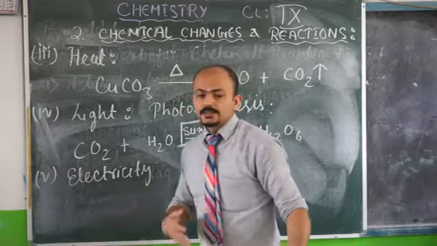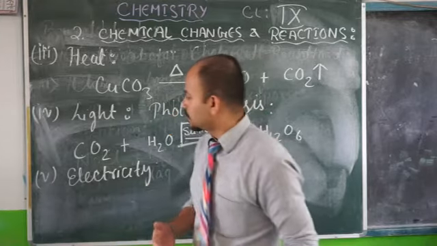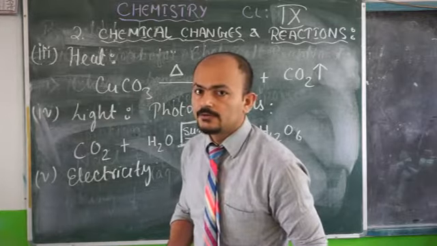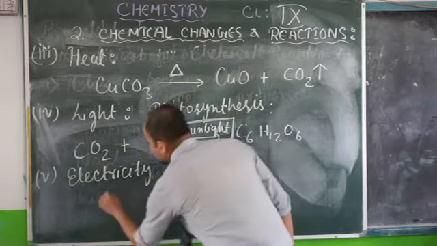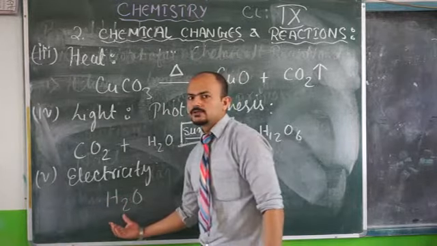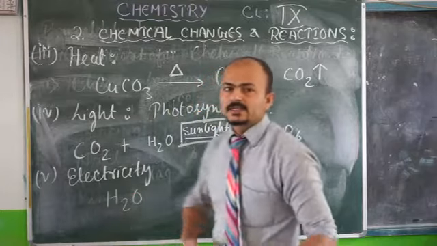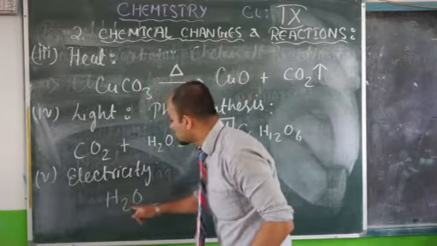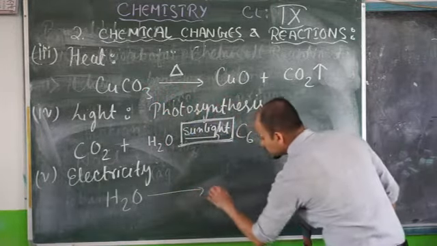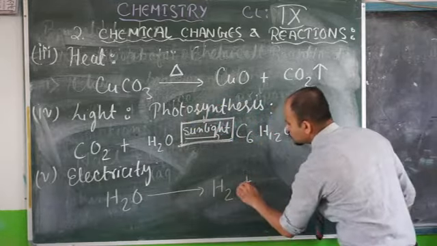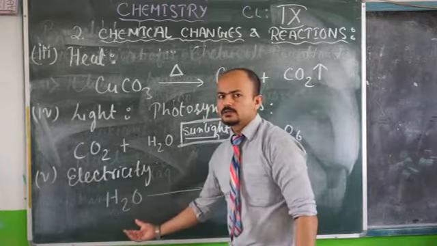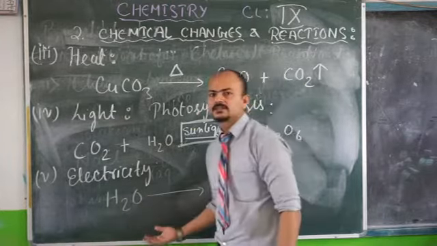There are certain reactions which require electricity if they have to occur. For example, water. If you want water to be converted back to its components, that is hydrogen and oxygen, how can you do it? If you want water to be converted back to H2 and O2, out of which the water molecule is formed, is it possible just like that?